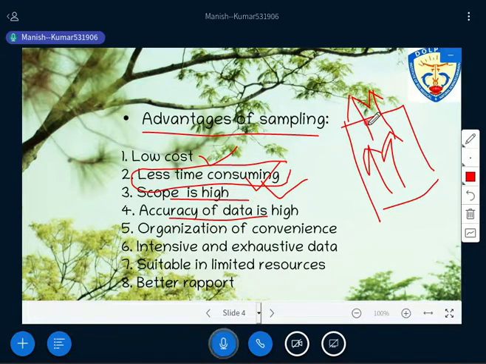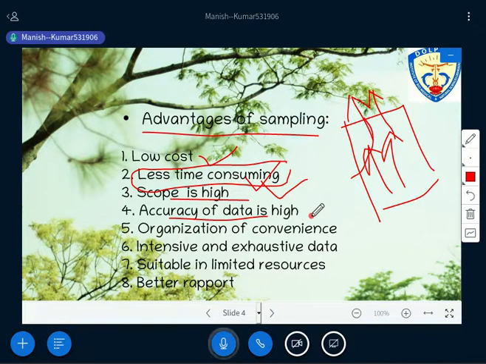But if the work area is less, or you can say the field work is minimum, any person can do the work with full conviction. So the sampling data has good accuracy, you are able to get that. That's why it is written over there: accuracy of data is high.